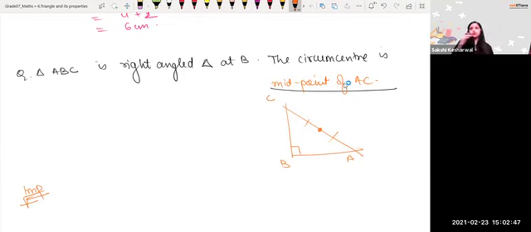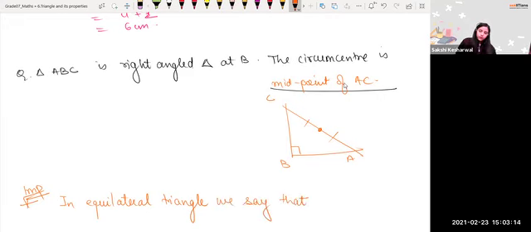We say that in an equilateral triangle, the centroid, orthocenter, circumcenter, and incenter all lie on the same point.